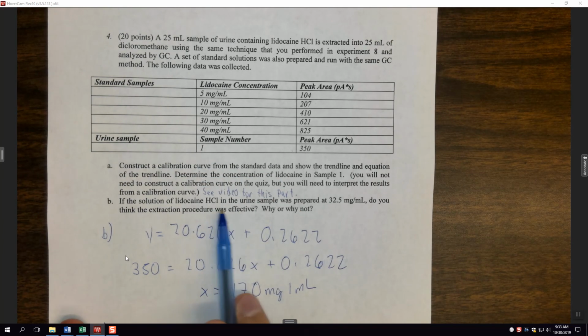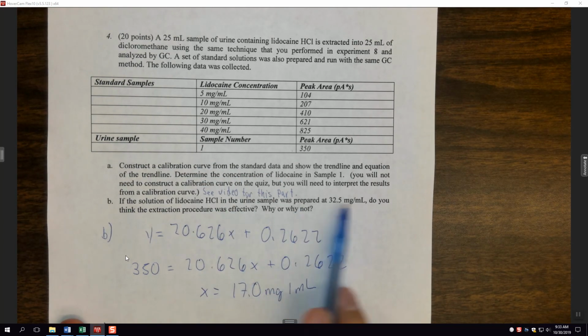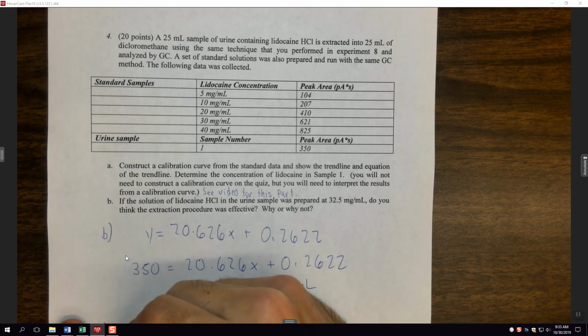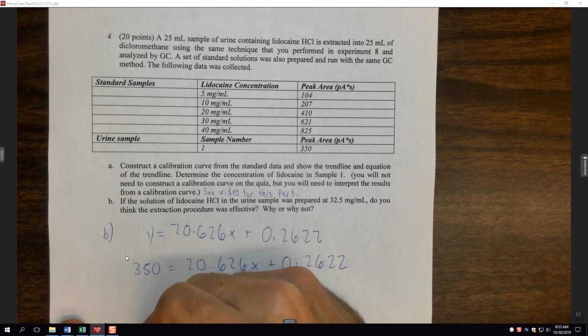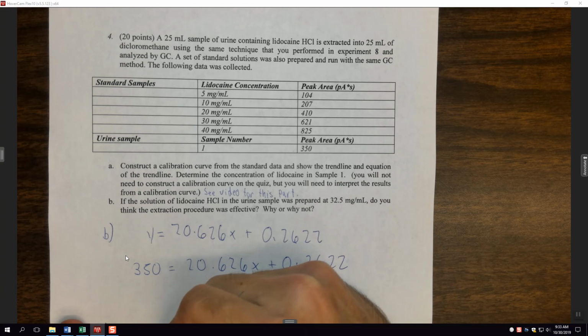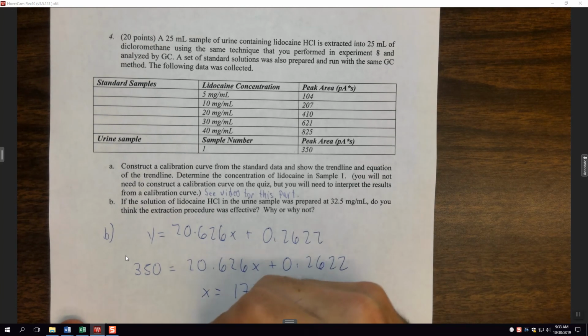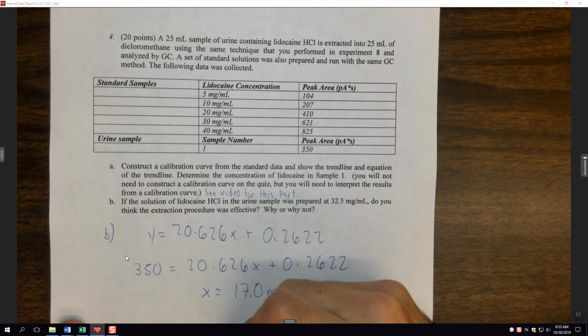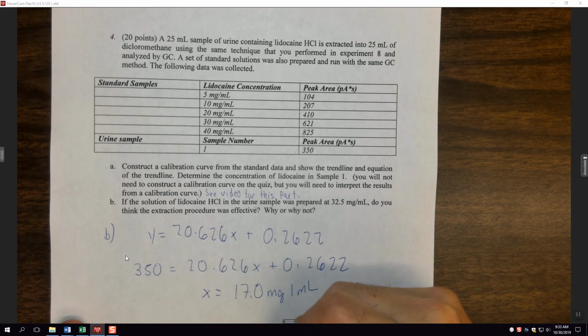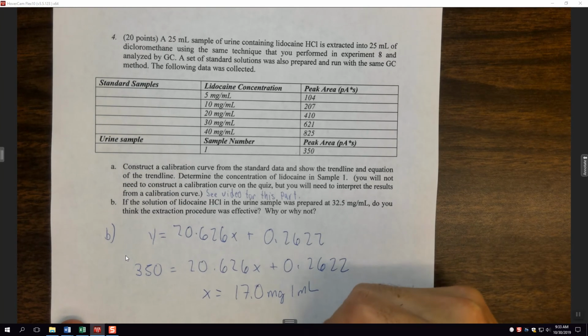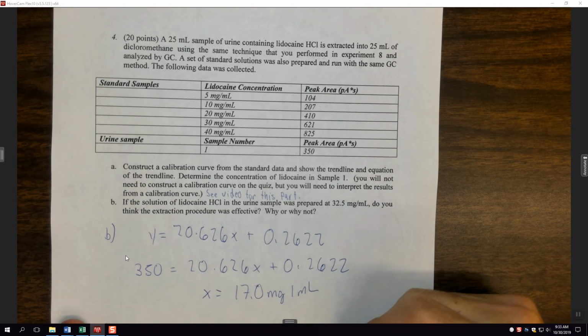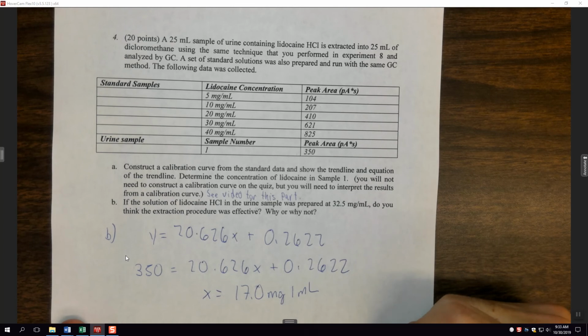If the lidocaine HCl in urine sample was prepared at 32.5 milligrams per milliliter, do you think the extraction procedure was effective? No, we only got 17 milligrams per milliliter out. So we obtained 17 milligrams per milliliter of lidocaine in the extraction.